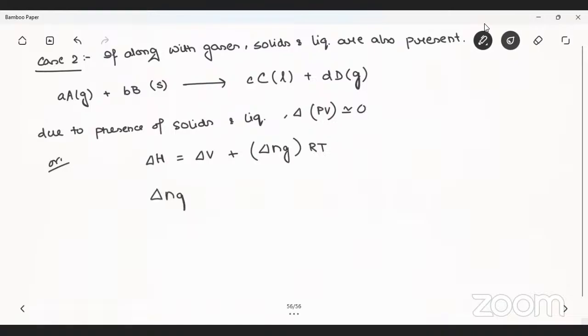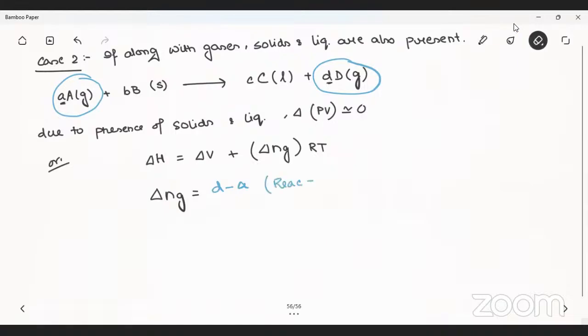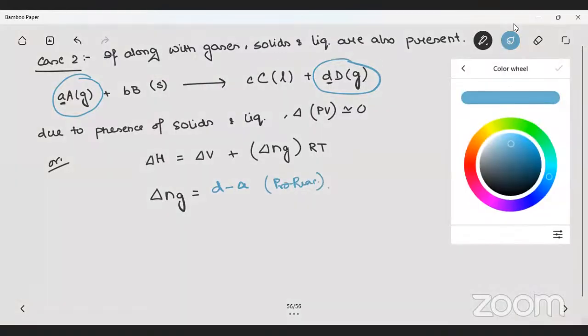Here delta Ng will be this D minus this A, because only these two are gaseous, rest nothing is gaseous. You have to subtract only the moles which are gaseous. Only A and D are gaseous. So it will be D minus A. First the product side, then minus the reactant side. Okay, this is the general rule.